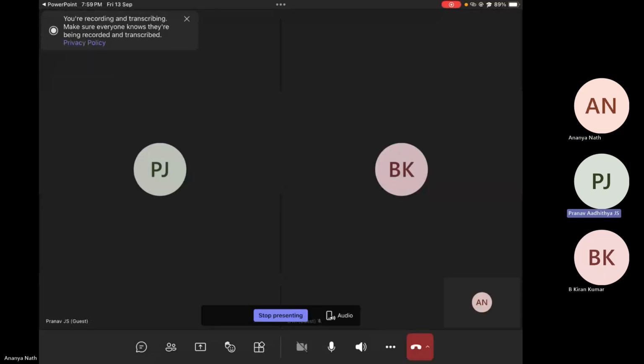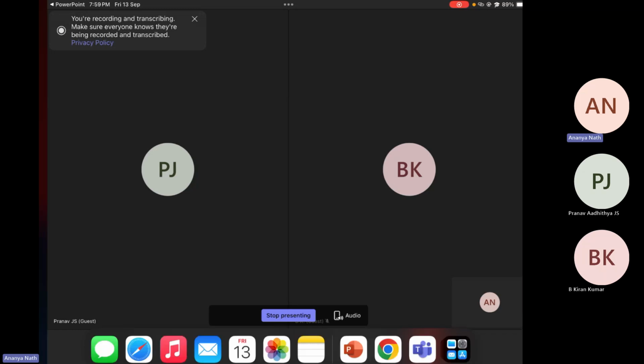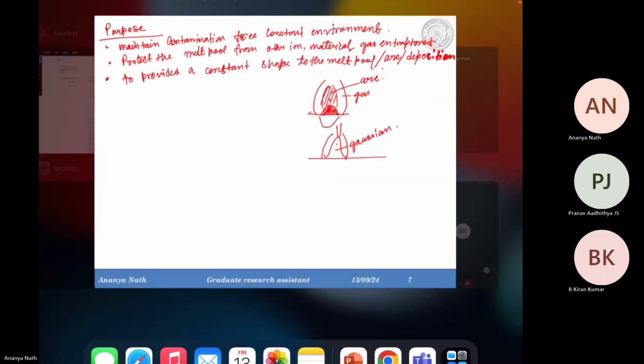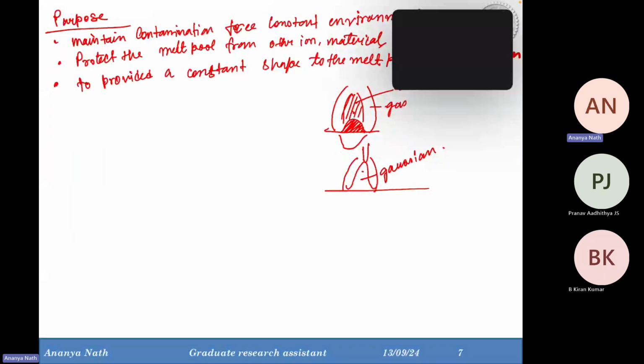Yes, ma'am. Then only the melting will happen fastly, no, ma'am. Melting will happen faster, you mean? Why? Because of the gas flow rate, the melting will happen faster.